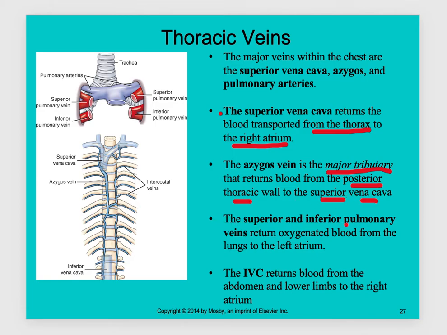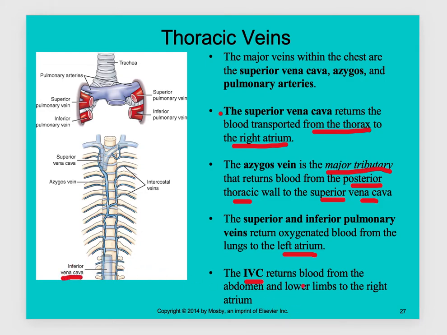The superior and inferior pulmonary veins return oxygenated blood from the lungs to the left atrium, and we talked about that when we talked about the heart itself. So the IVC, inferior vena cava, returns the blood from the abdomen and lower limbs to the right atrium.